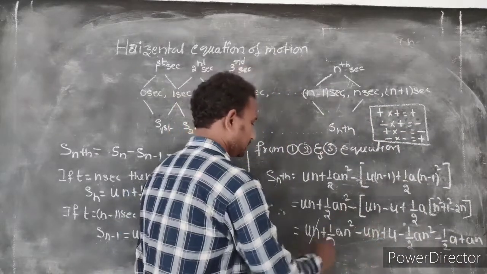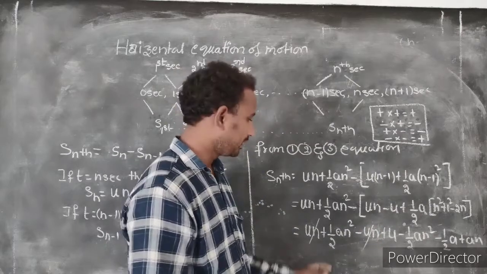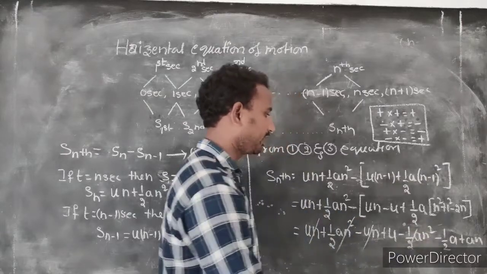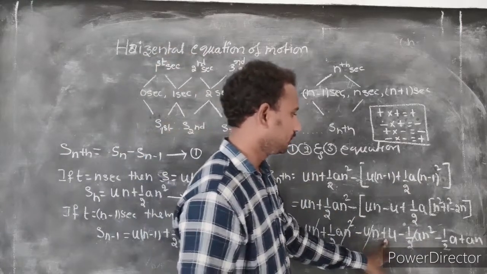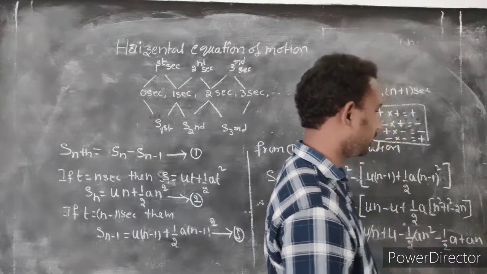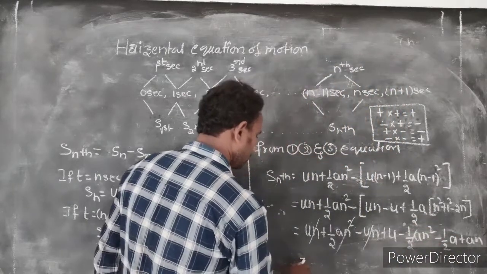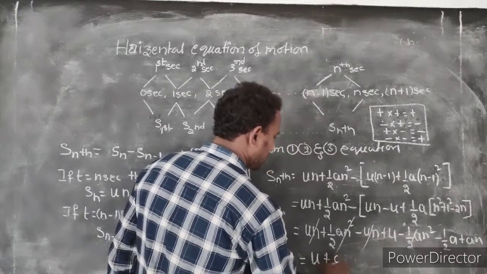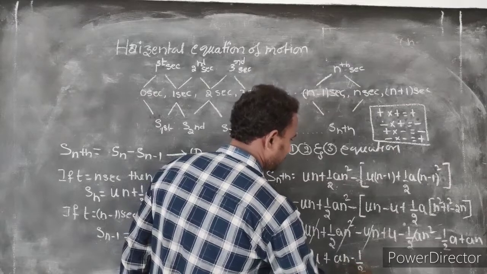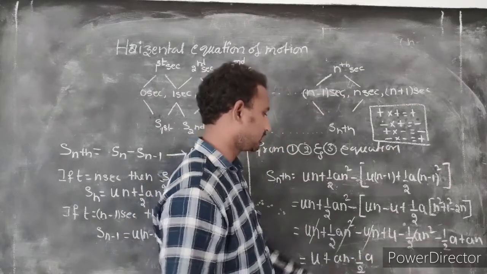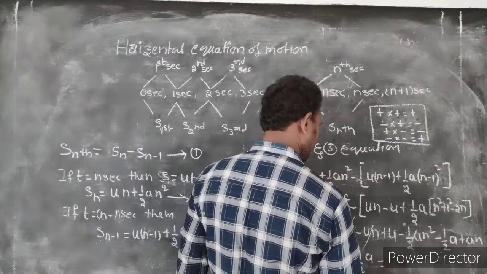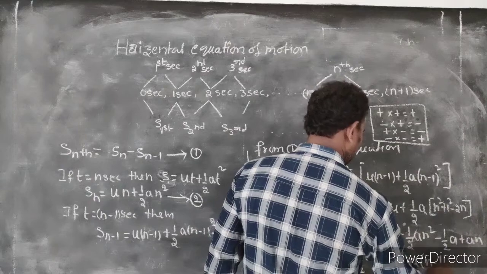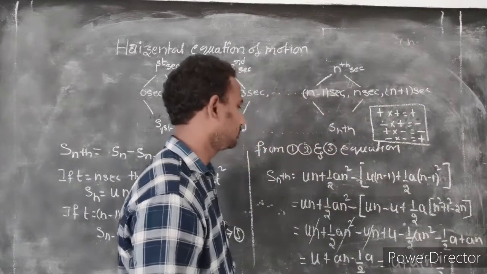Both are getting cancelled. Next one, plus half an square, another one minus half an square, we can cancel it. Next, u, one term is there, another one minus 1 by 2a, another one an. So write u plus an minus 1 by 2a. Now take the acceleration common: u plus a of n minus 1 by 2.